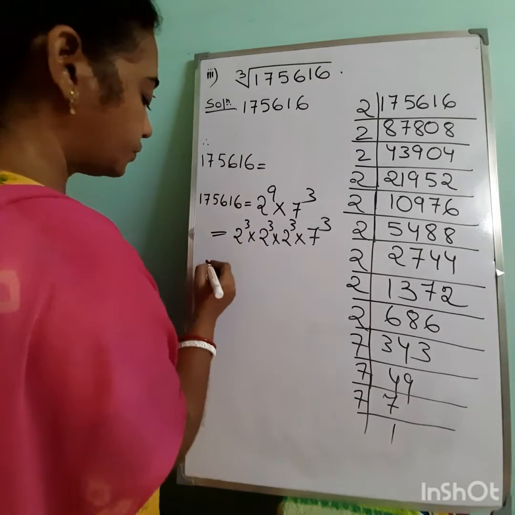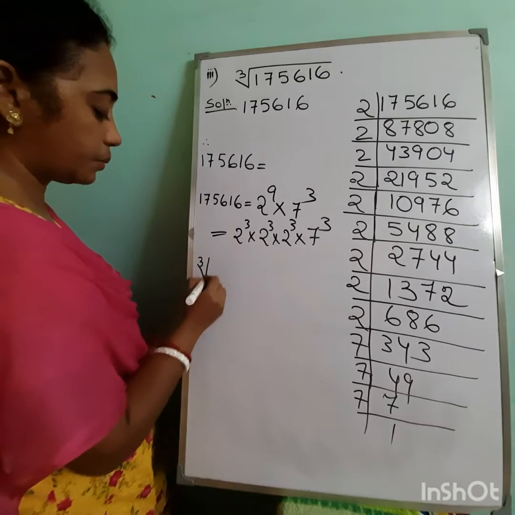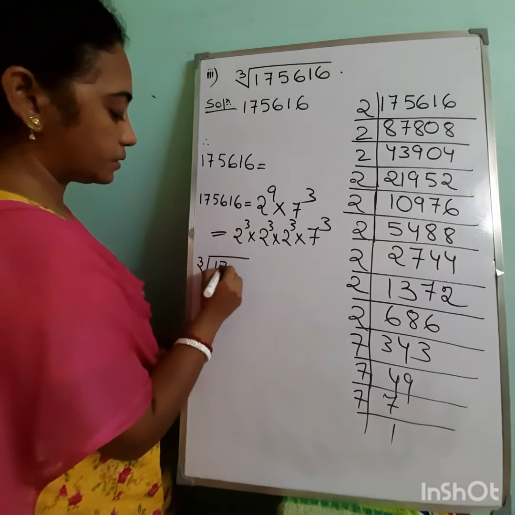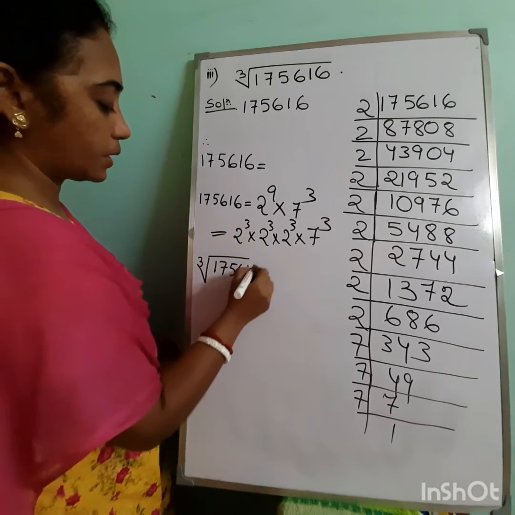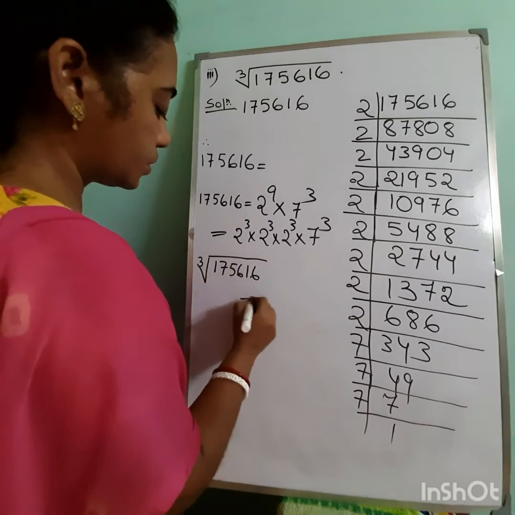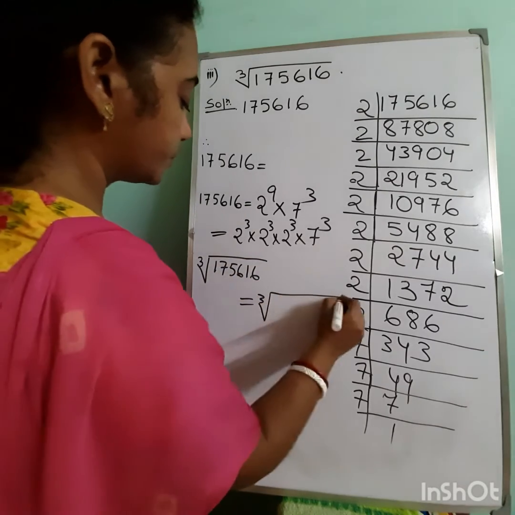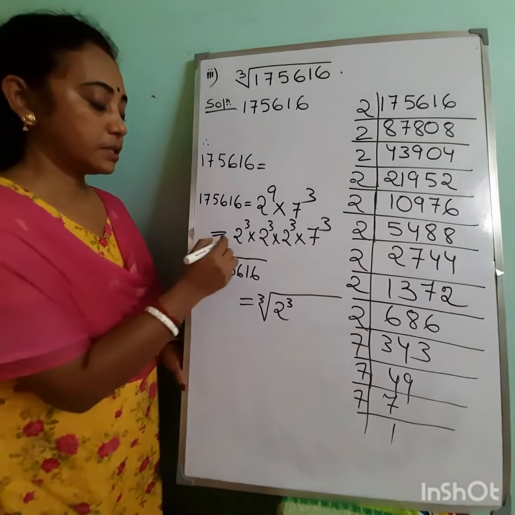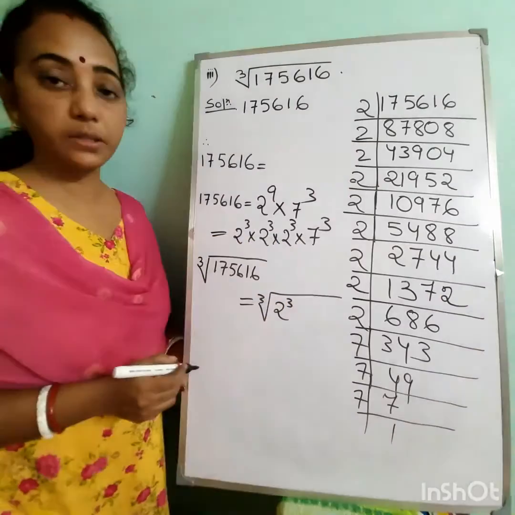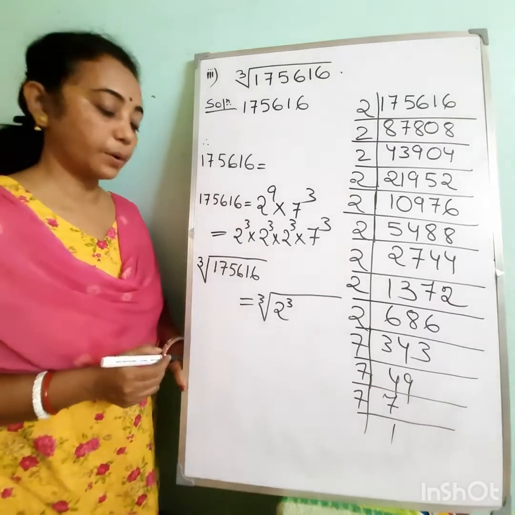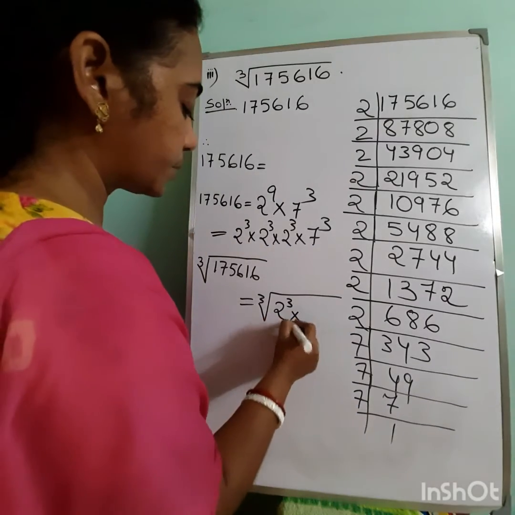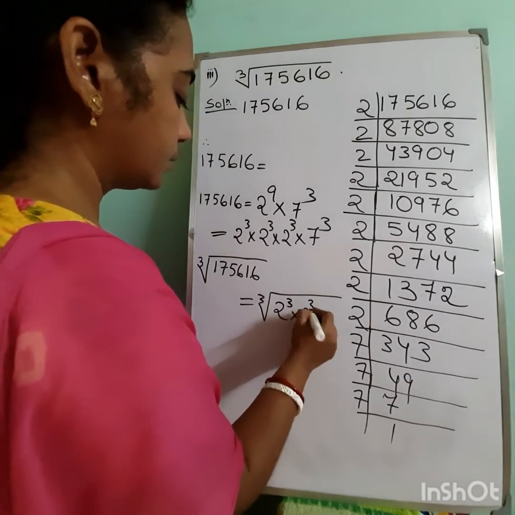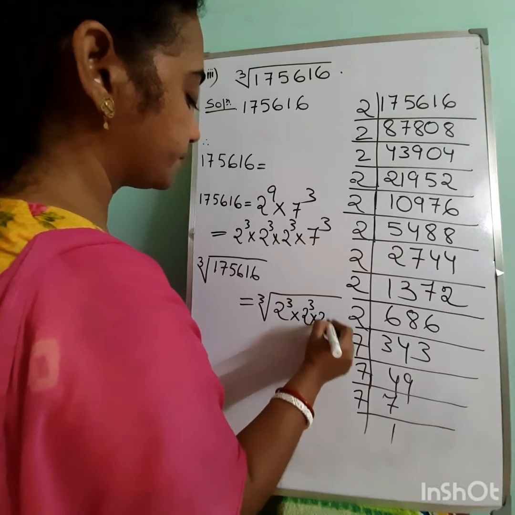Now we will find the cube root of the given number, that is 175616. This is equal to the cube root of the product of its prime factors. Here we can see that each of the prime factors appears 3 times. That means the given number is a perfect cube.